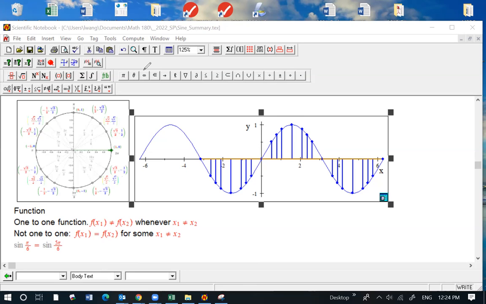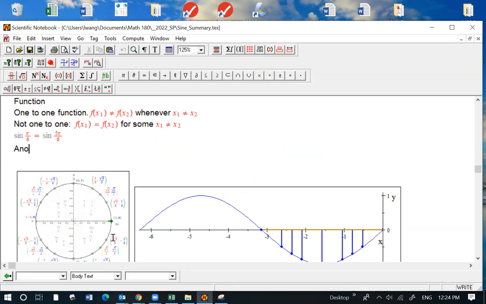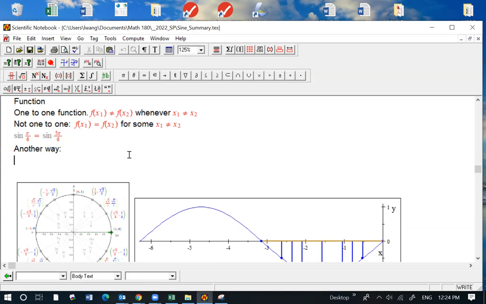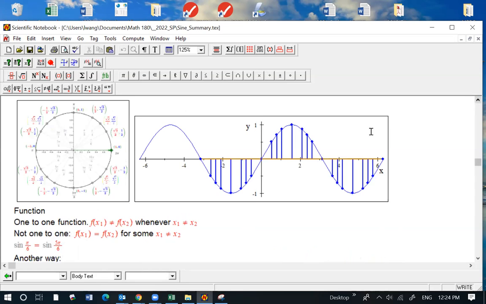The horizontal line test. For example, I can draw a horizontal line. What horizontal line do you think I can draw? You can really draw any horizontal line between -1 and +1 to make that case. So, another way to say it, because there are so many examples: we can use this graph.